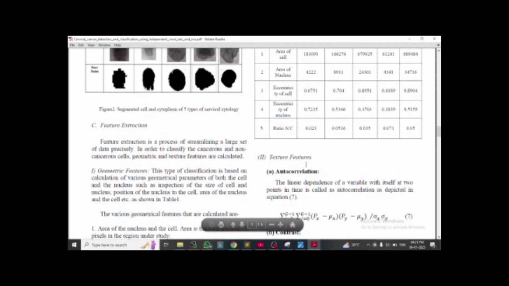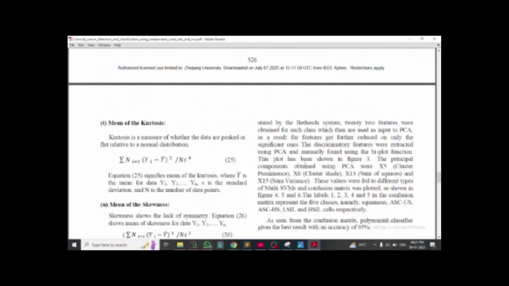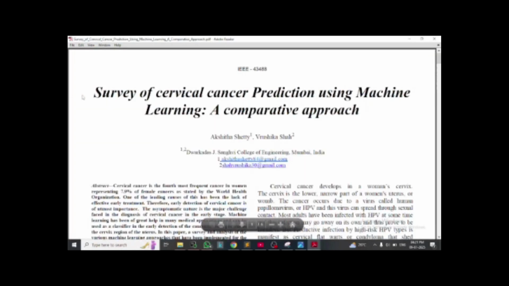So this is one research paper, and another research paper is this: survey of cervical cancer prediction using machine learning, a comparative approach.